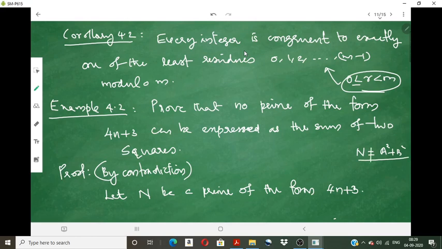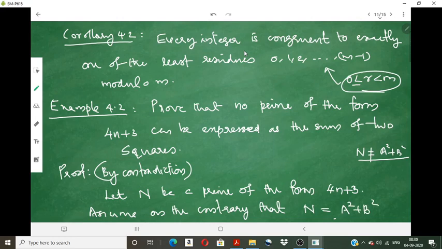So assume on the contrary that it is possible to write n as a square plus b square, and we know that n is a prime of the form 4n plus 3.